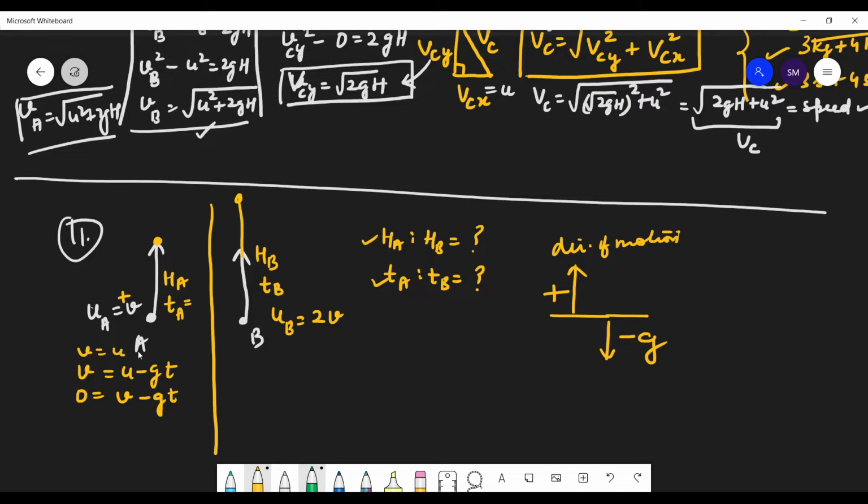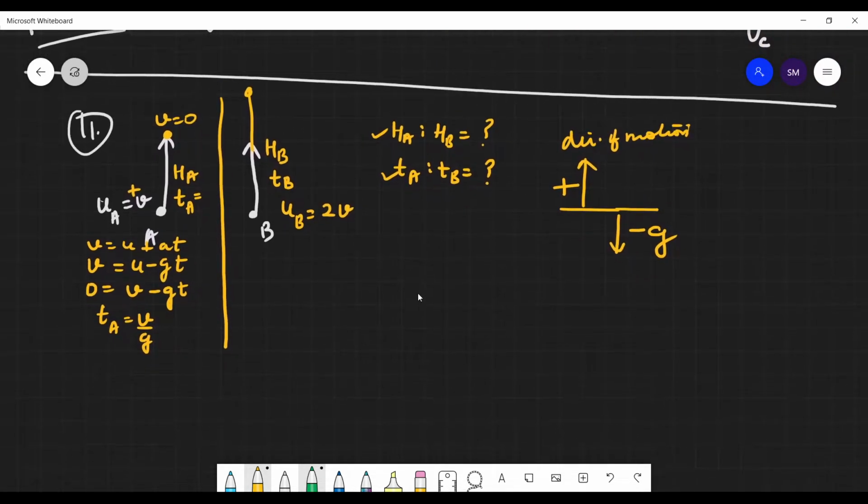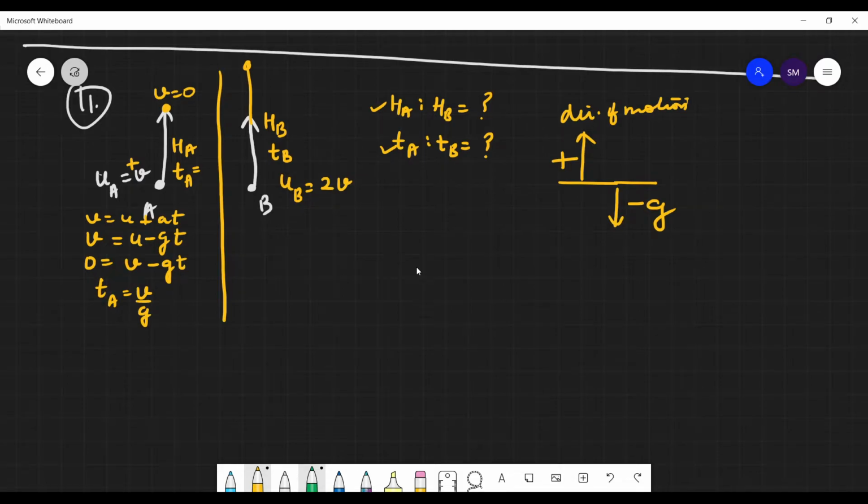Otherwise, V is equals to u plus at, this is the formula, you know, and a is equals to minus g. So we have to find time taken by A to reach maximum height. At maximum height, velocity will be 0. So time taken by A to reach the maximum height, this gt will go this side, or you can take V this side. So that's V by g. Yes. So time taken to reach the maximum height by A is V by g.